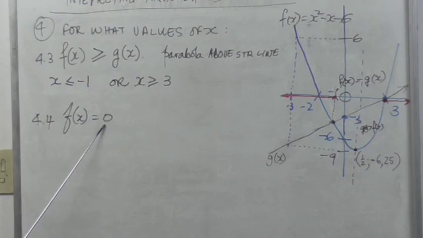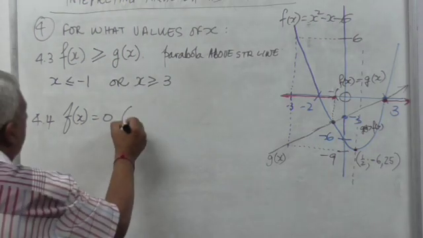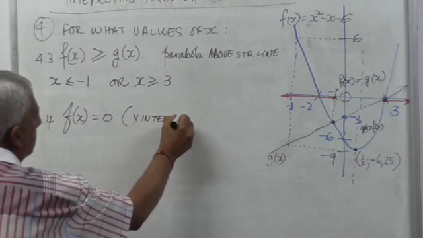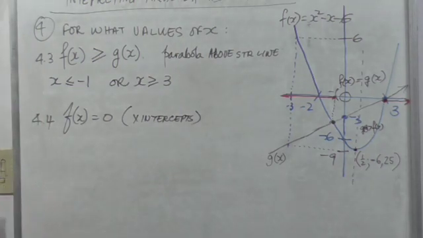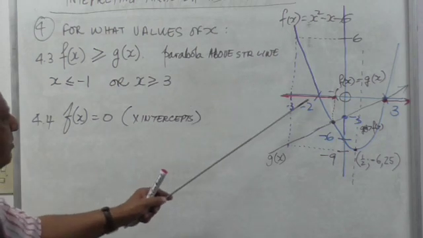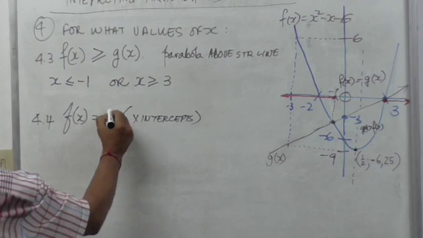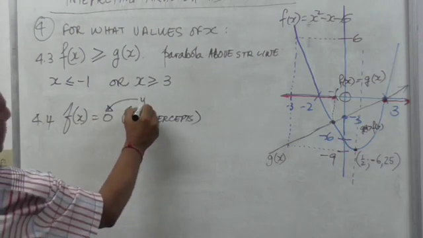This is really a y value. So this is another way of asking you what are the x-intercepts. If f of x is equal to 0, means a parabola, means the x-intercepts of the parabola.